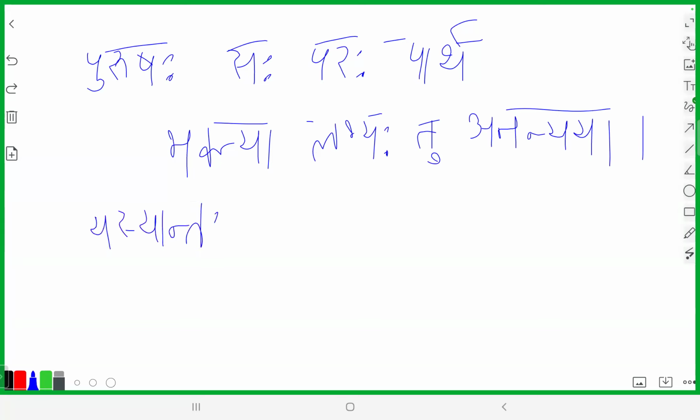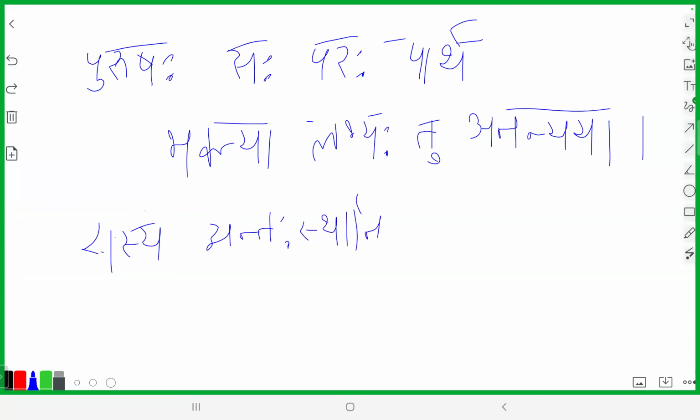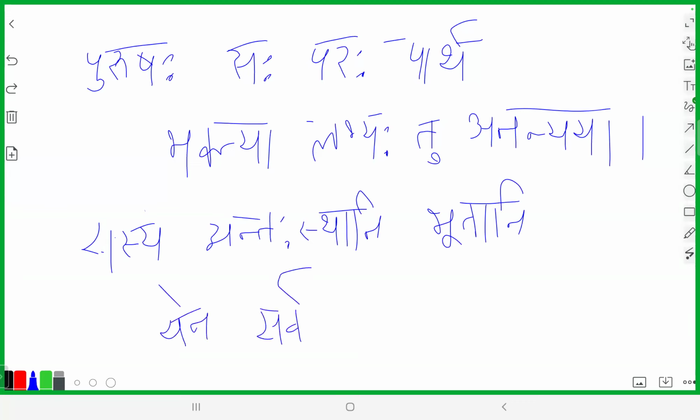Yasyantaha sthani yasya antastani bhutani yena sarvam idam tatam.